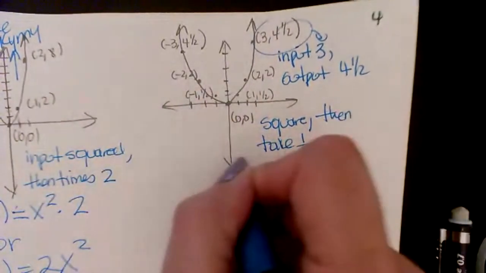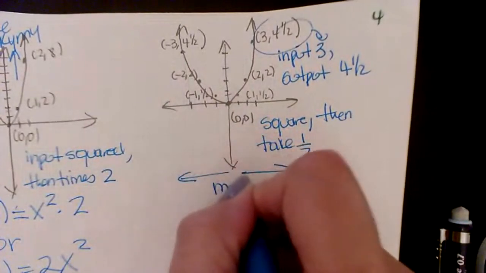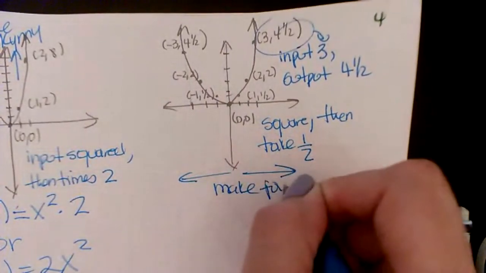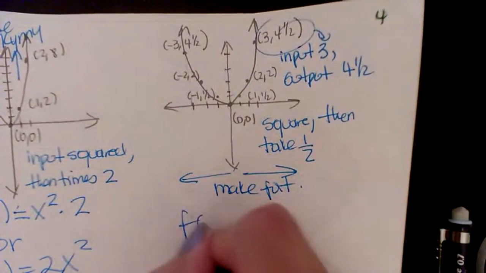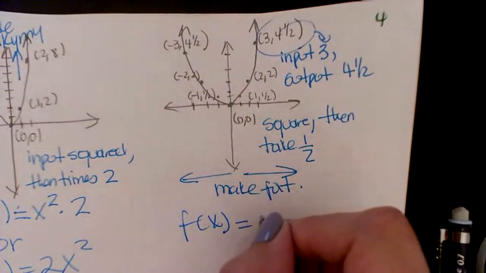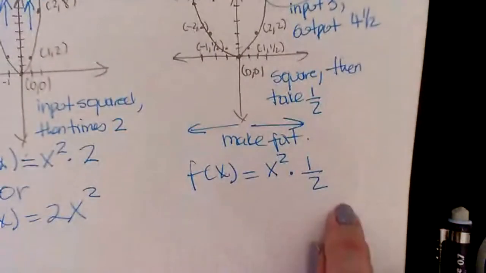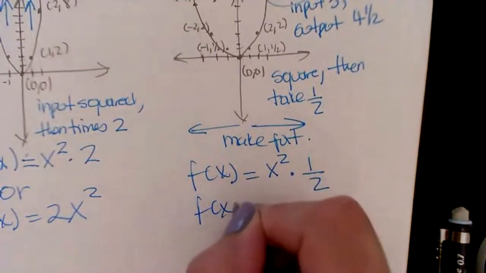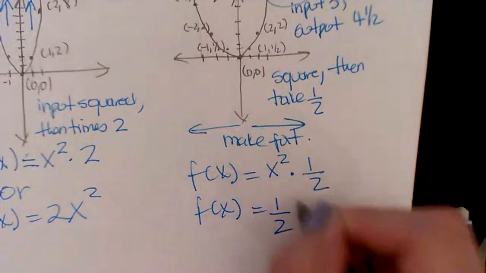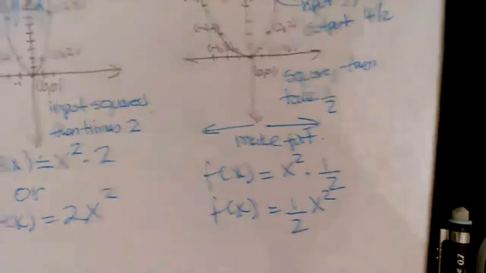And look at this. Make it fat. And the equation is going to be what? We could say x squared divided by 2, right? So we're going to say 1/2 x squared.